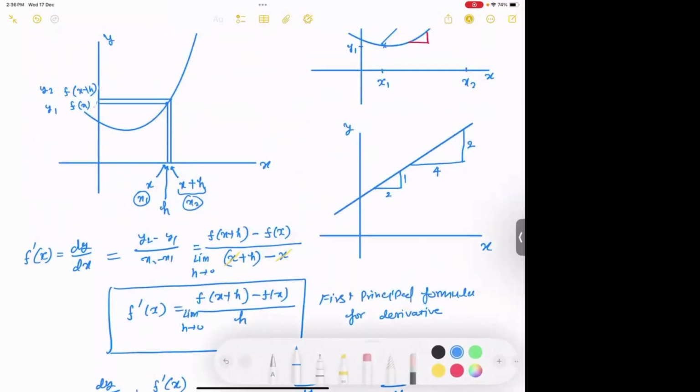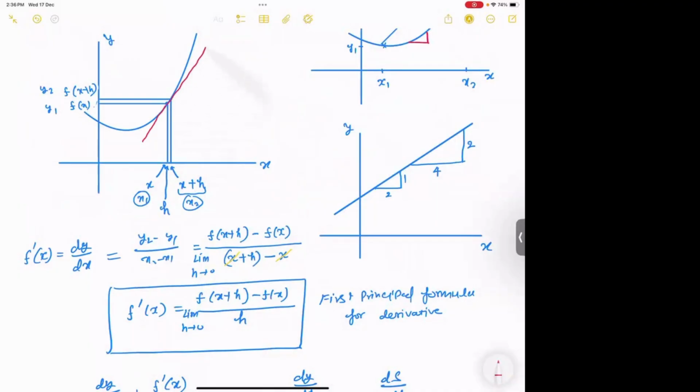Right? So what is this giving us actually? At this point, it is giving us a very small change. That is the slope of the curve at that point. Look at this. If we draw a tangent at that point, the tangent will have a gradient. So at this point, we can get the gradient of the curve.